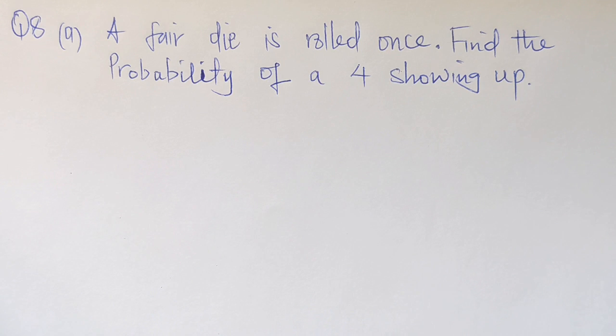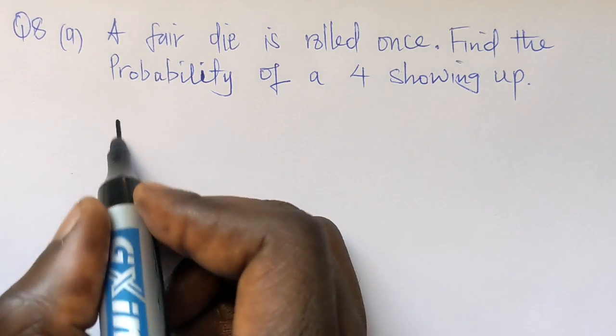Now, here the thing is that the sample space for a die has got 6 results. So you can get a 1, a 2, a 3, a 4, a 5, and a 6. So getting a 4 is just one of those 6 outcomes on a die. So for the probability of getting a 4, we are going to write the following.